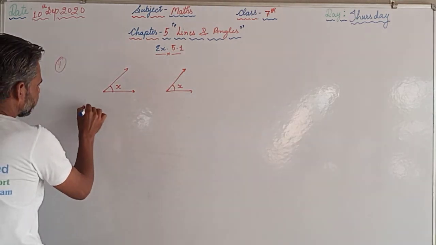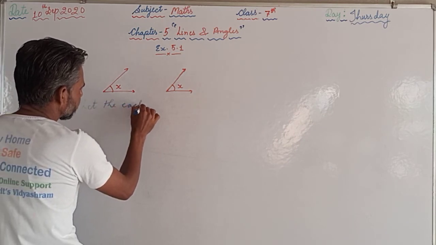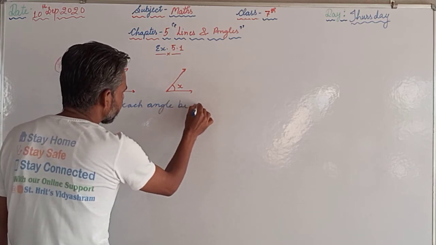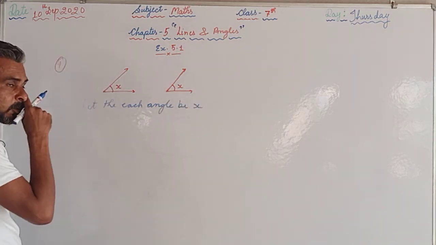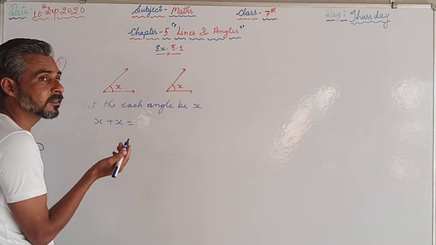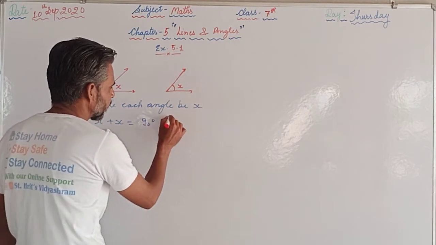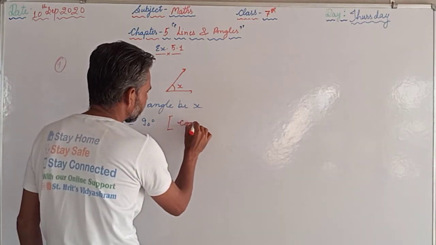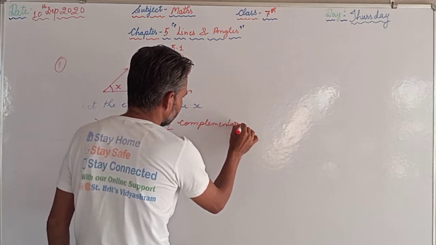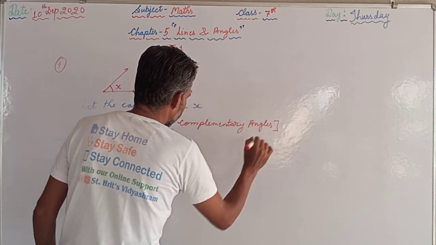So let each angle be x, because both are equal. So x plus x, as the angles are complementary, then their sum will be 90. We will write here complementary angles.